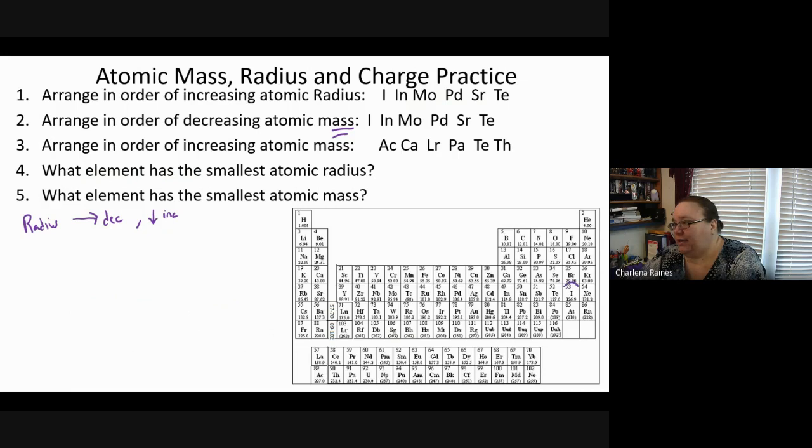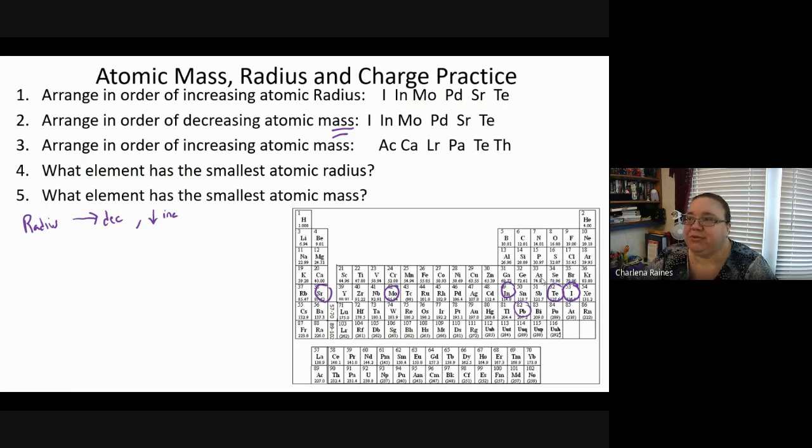So I am going to mark my elements: iodine, indium, molybdenum, lead, strontium, and tellurium. Now notice that all but one of these are in the same period.